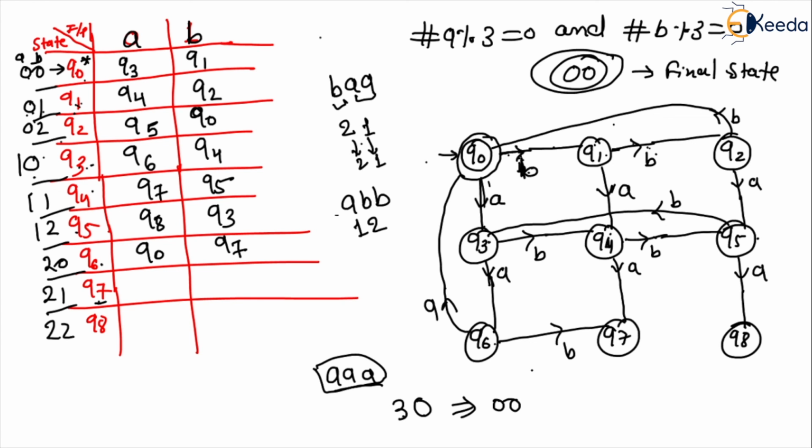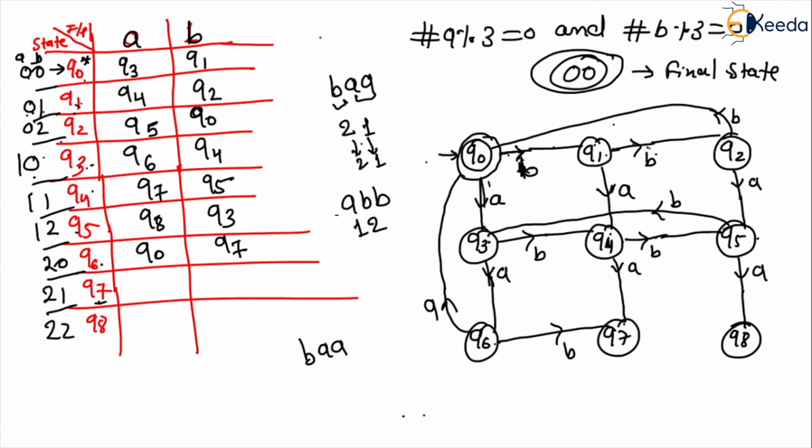Now on that particular state Q7, when you apply the input A, just see here. There are various ways to reach Q7, so you can choose any one, like from Q0, that is B A A. So BAA is the string by which you can reach Q7.